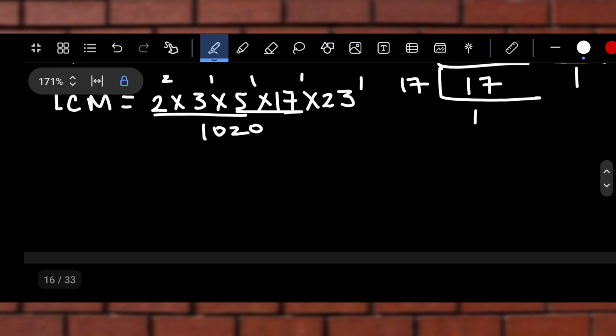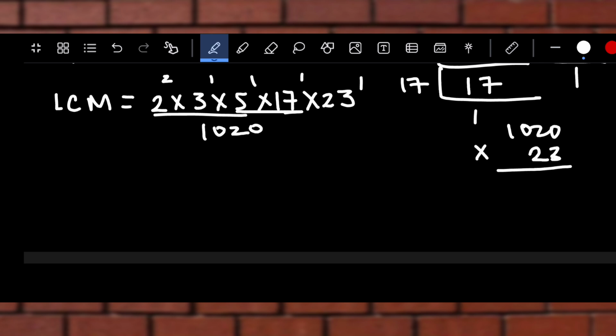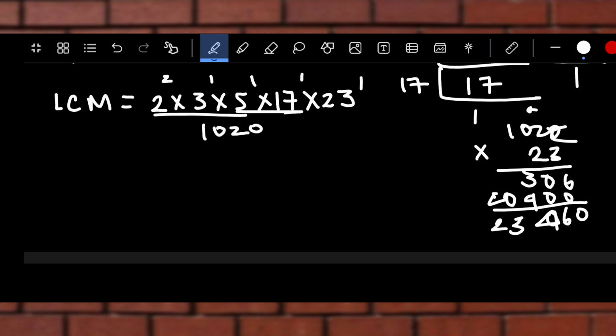So I'll multiply it. 1020 into 23, leaving the 0 aside. 3 twos are 6. 3 zeros are 0. 3 ones are 3. Double 0 in the bottom. 2 twos are 4, 0, 2. And when I add it, 6, 0, 6, 4, 3, 2.